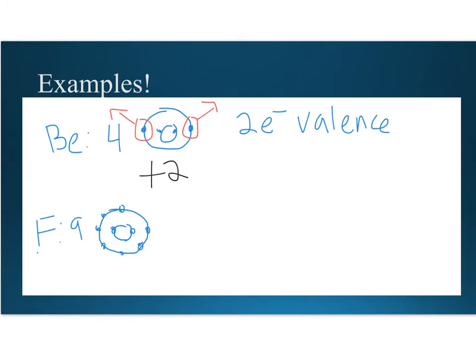So for fluorine, it's going to be much easier to take and add an electron than it would be to kick out 7 electrons, because fluorine had 7 valence electrons. This E minus here, that means electrons, because electrons are negative. Okay, so when we add an electron, we're adding something that's negative, so we're going to end up with a -1 charge for fluorine.